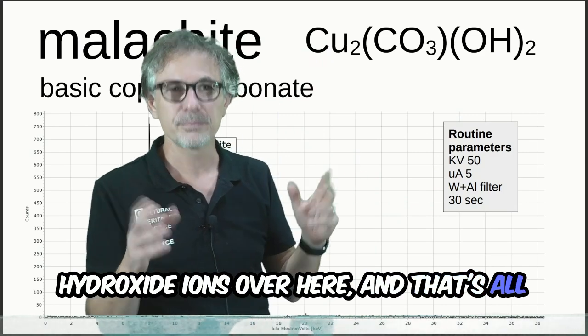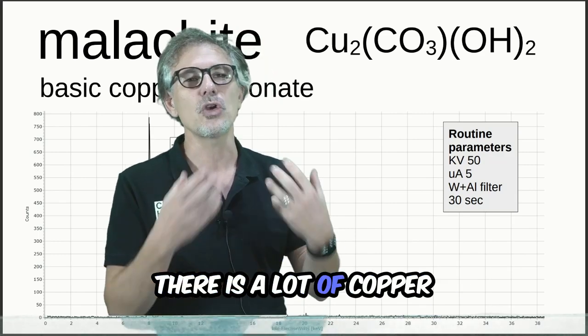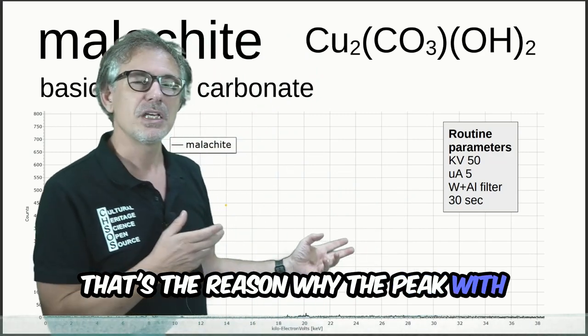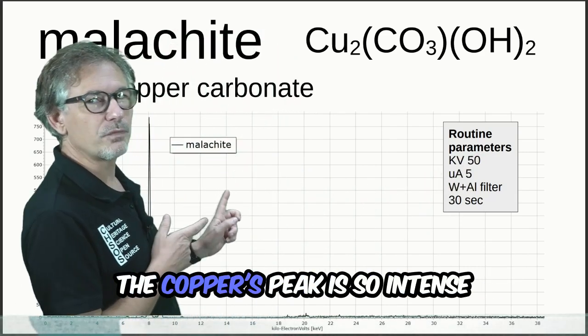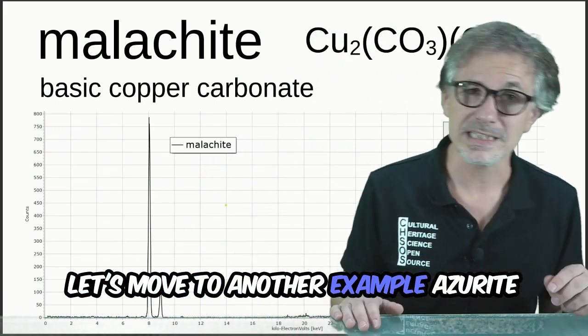And that's all. So when we analyze malachite, there is a lot of copper. That's the reason why the copper peak with the standard acquisition parameters is so intense. Let's move to another example.